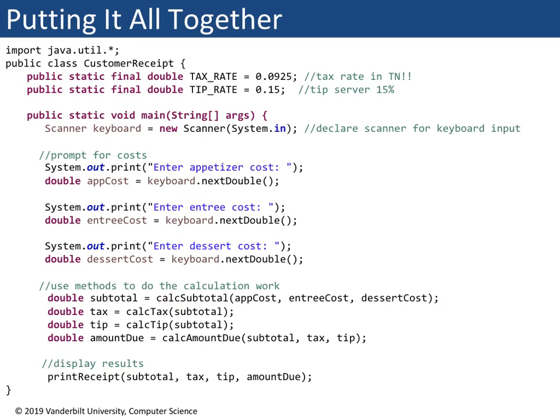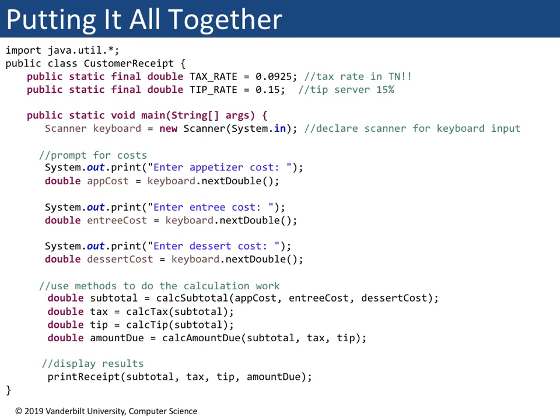This expression is a method call. So our program pointer jumps into calc subtotal. It'll sum the app cost, entree cost, and dessert cost, and then return the subtotal. So now this expression has evaluated to the value returned by the calc subtotal method, and that value is then assigned to our subtotal variable.